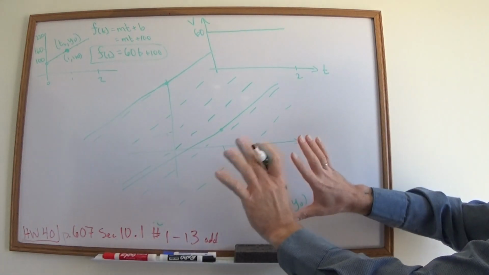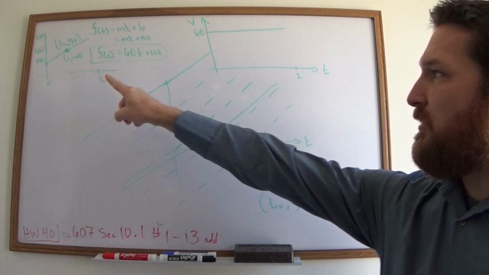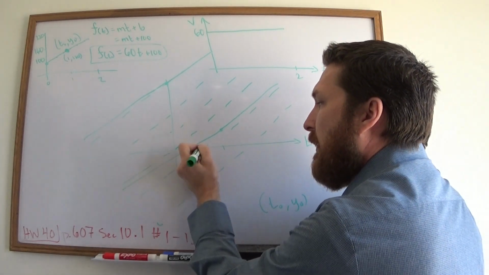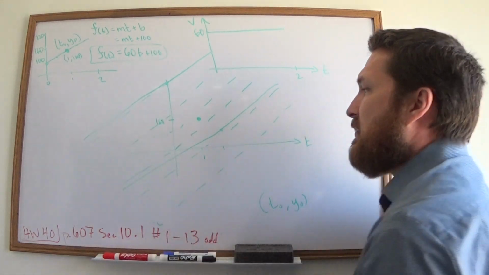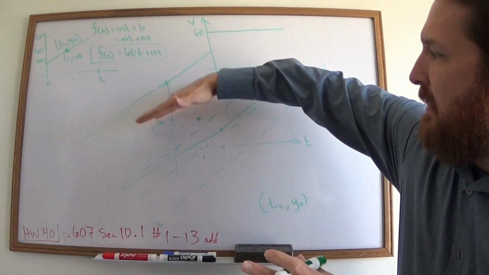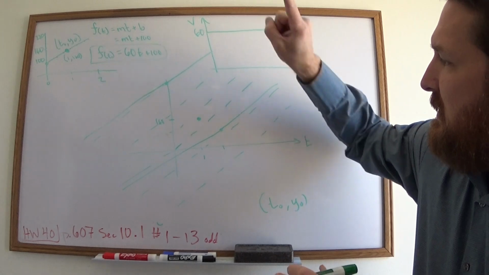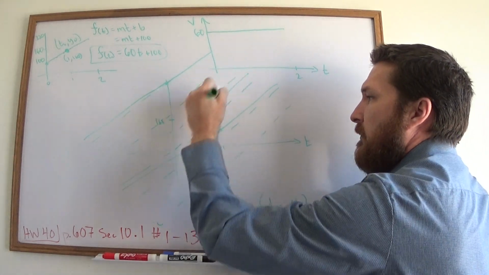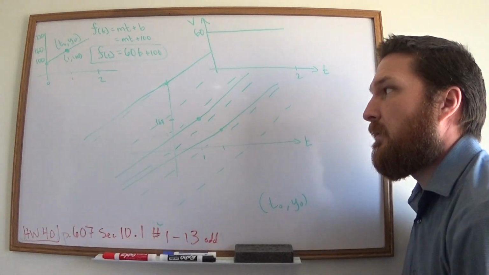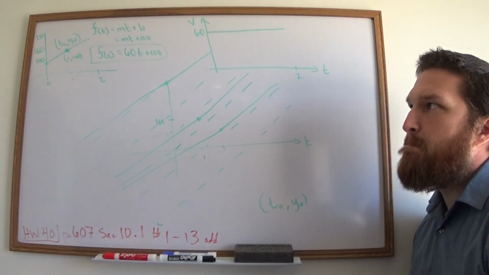The only thing we need to do is say, well, hold up, I actually do have a point. I know that when I plugged in a 1, I got out a 160. And so of this infinite family of solutions, you could zero in on the one that goes through here, and that's the one you're looking for.